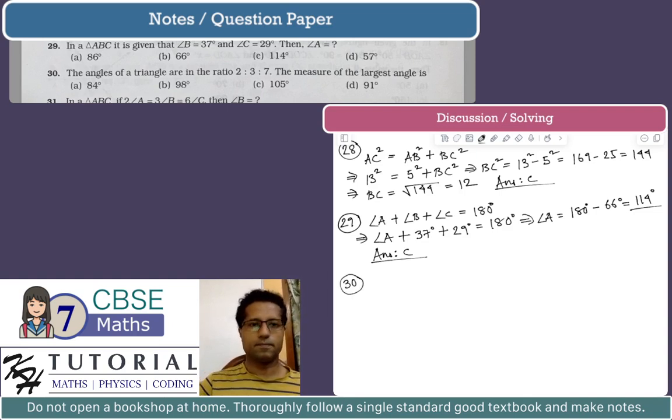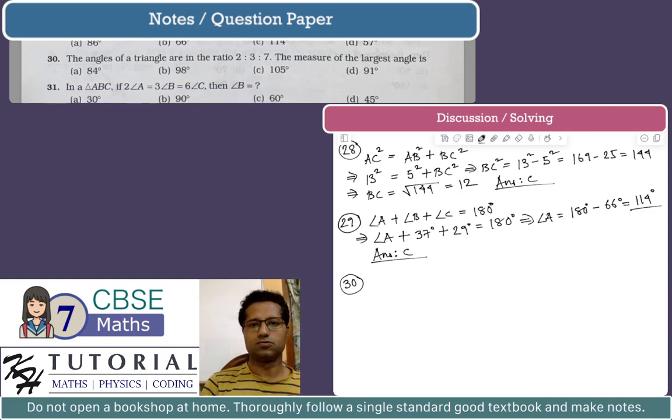Question number 30. The angles of a triangle are in the ratio 2:3:7. The measure of the largest angle is. Okay, so let the angles be. This is a very straightforward question based on ratio and proportion.